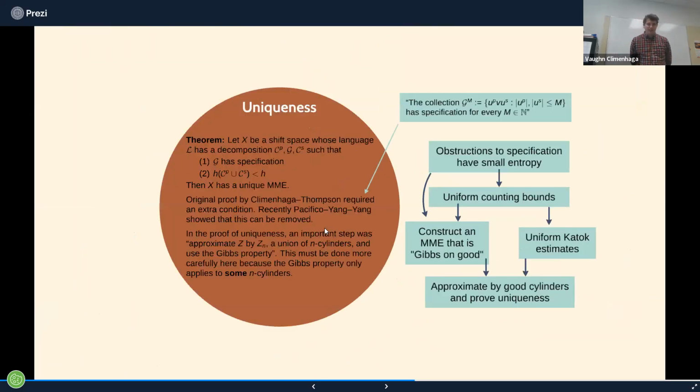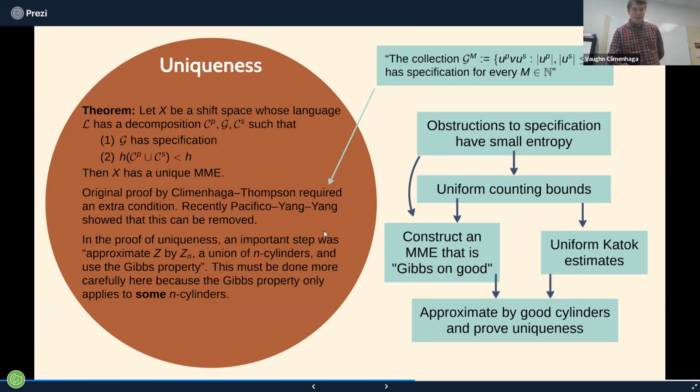So bear that in mind as I spend my last 5 minutes saying something about the uniqueness argument, or maybe hopefully not quite that much, so I can point at the last sections of the talk, or the slides rather. So here's the theorem. I alluded to it a moment ago. If you have a shift space whose language admits a decomposition, where the good words have specification and the prefix suffix collection carries smaller entropy than the whole system, then there's a unique measure of maximal entropy.